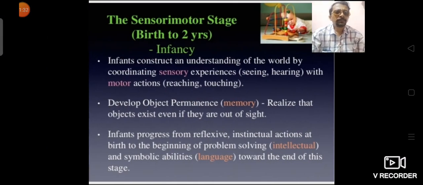The first one is the sensory motor stage, that is from birth to 2 years. Generally here infants are coming.